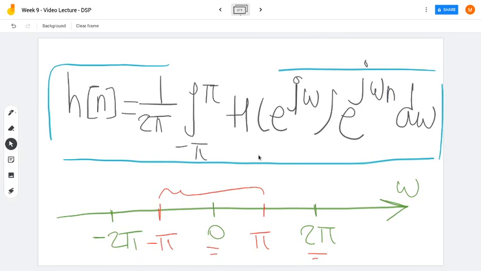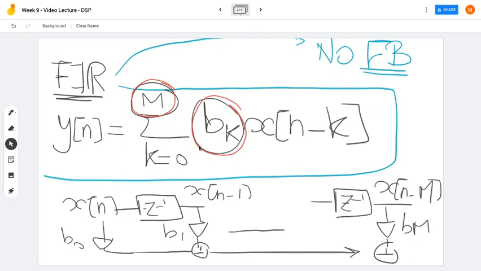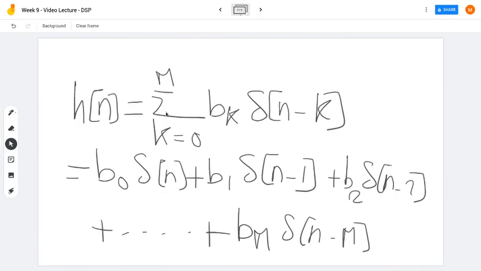If we know the frequency response, H of e to the power j omega, we can use this equation in order to find the impulse response. Now that we have the impulse response, we can use this fact that the impulse response is equal to the coefficients b0, b1, b2, and so on in order to design our filter.